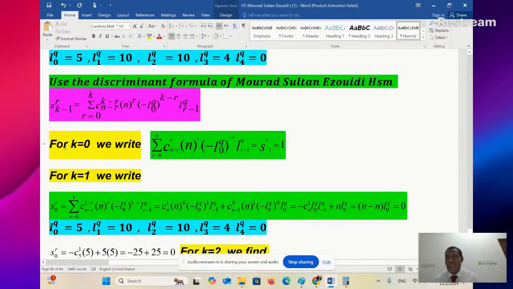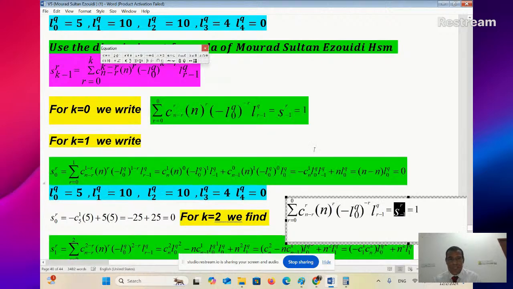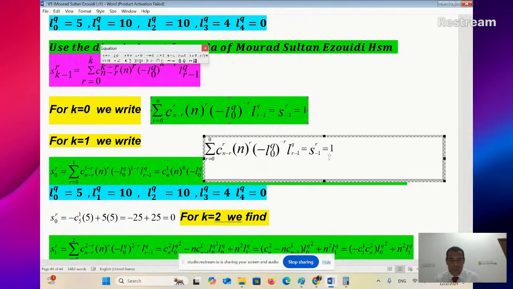Now setting k to 0, the formula has to be written as s minus 1 for the r, by convention, is going to be equal to 1, simply because combination equals combination. This is of course n, because I'm working with the polynomial to the power n.